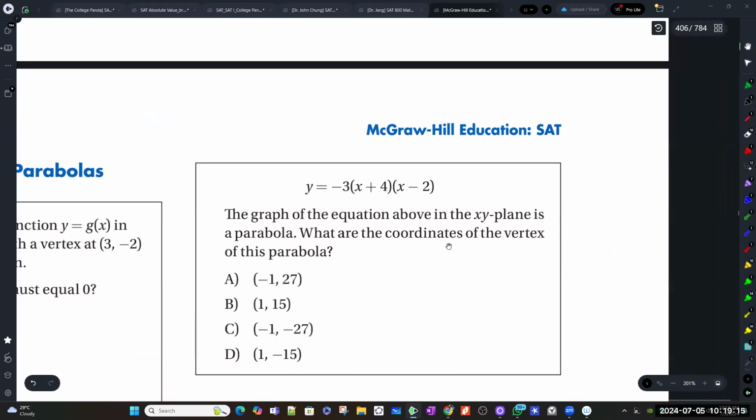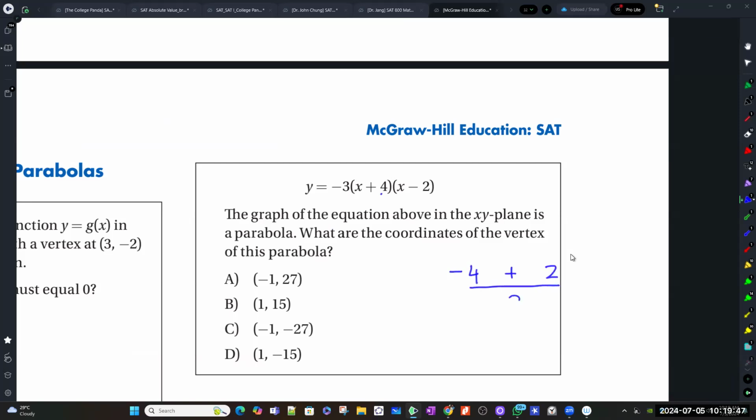Now this question here asks you a very simple question. What's the vertex in this parabola? You could just plug it into the Desmos app and see where the vertex lies. That's one way of doing it. Another way could be that you'd know, okay, one root is -4, the other root is +2.